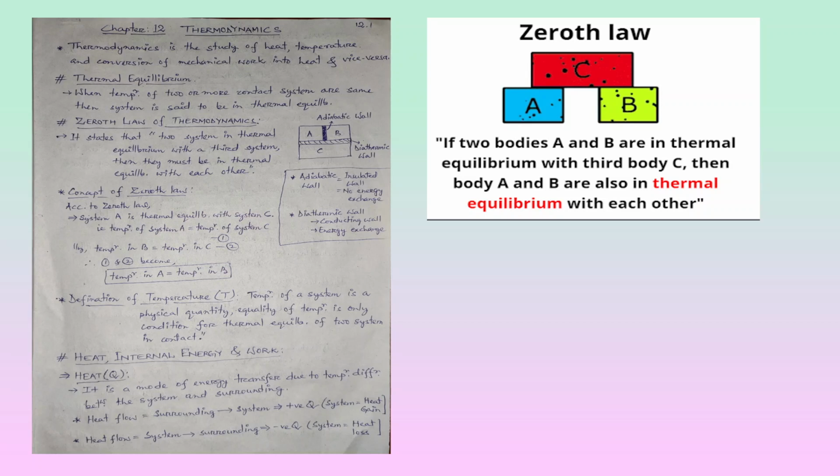Now the first topic of this thermodynamics chapter is thermal equilibrium. Thermal equilibrium is a condition in which two or more systems in contact with each other have equal temperature.